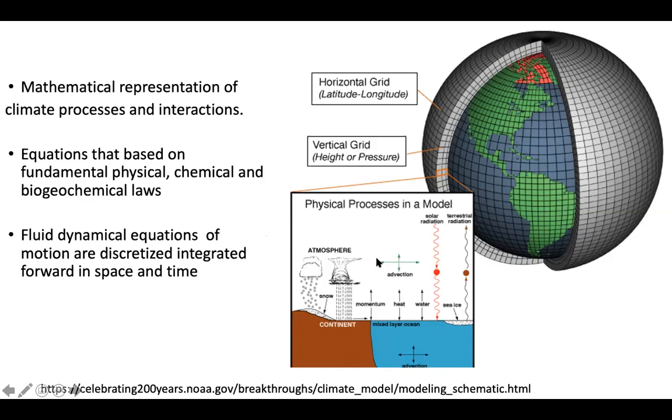We can have advection, which is the main part of it, where the fluid motion advects temperature, salinity, or even moisture around. And then you have transfer or exchange of heat, momentum, and water at the interfaces between the atmosphere and the ocean.